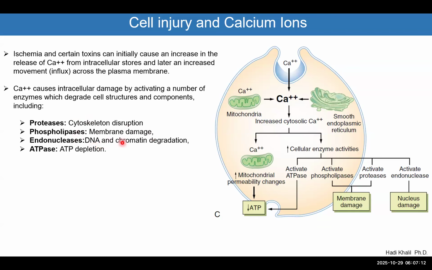Endonucleases, DNA and chromatin degradation. And ATPase causes the depletion. So you can imagine this signaling event is already triggering by now four different aspects, each one of which is really a major trigger of cell death.